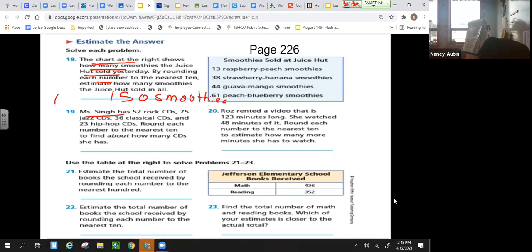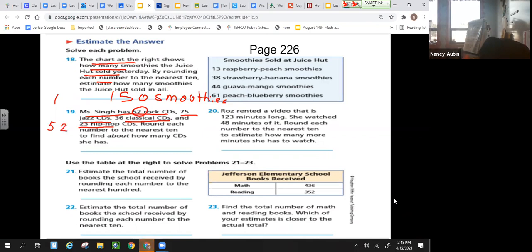Miss Singh has 52 rock CDs, 75 jazz CDs, 36 classical CDs, and 23 hip hop CDs. We're going to round each number to the nearest 10 to find out about how many CDs she has. Go ahead, see what you can do. On your marks, get set, go. You're going to round these numbers, right?